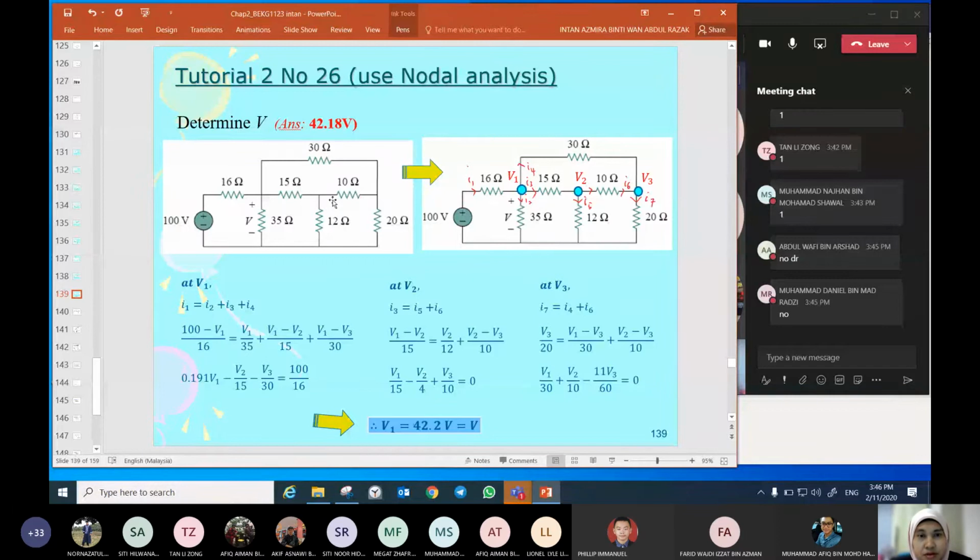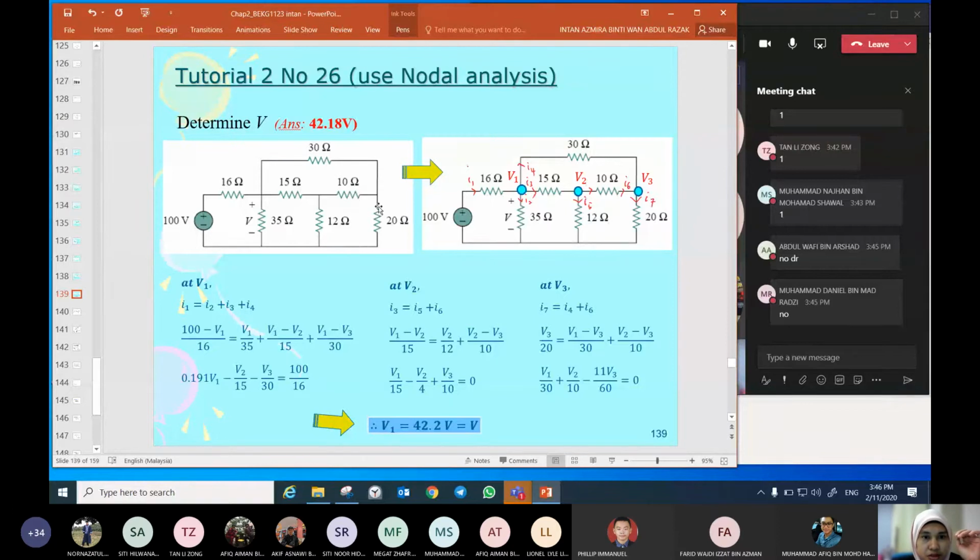This question uses star delta transformation. It is arranged before the nodal questions. So actually we can solve this question using star delta transformation.